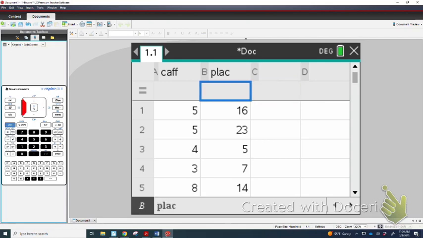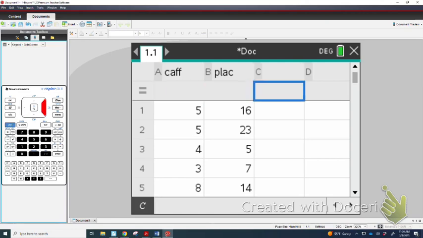So that's the equals row, the formula row, and we're going placebo minus caffeine. So I'm just going to start typing plac, and an equal sign is going to appear. So I type P, and look at that, there's an equal sign to the left of it, PLAC minus CAF. And it's going to subtract all of them for us in a heartbeat.